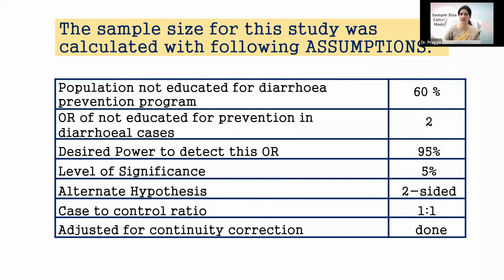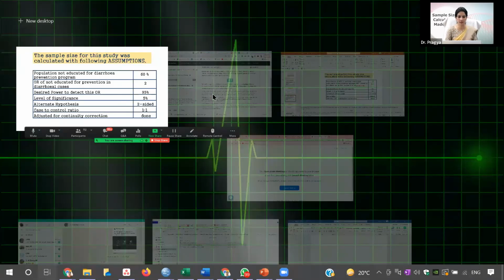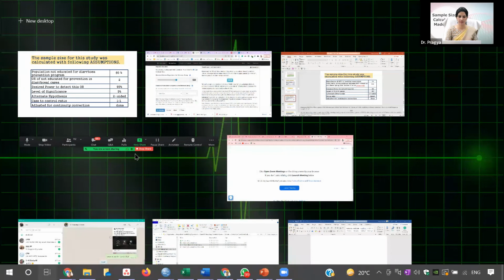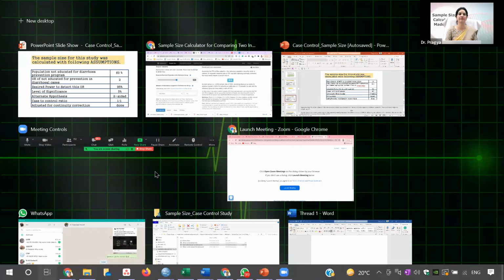So in this case, all of you please calculate the sample size. I am also calculating simultaneously. Power is 95, 5, 60% and 2 is the odds ratio. So I'll go back to the window tab, and I will reset this.